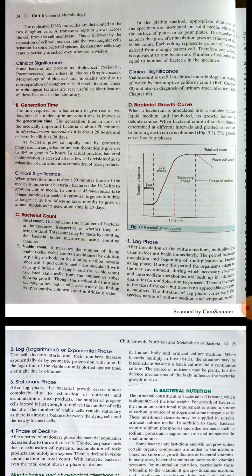When a bacterium is inoculated into a suitable liquid culture medium and incubated, its growth follows a definite course. When bacterial count of such culture is determined at different intervals and plotted in relation to time, a growth curve is obtained. The growth curve has 4 phases.